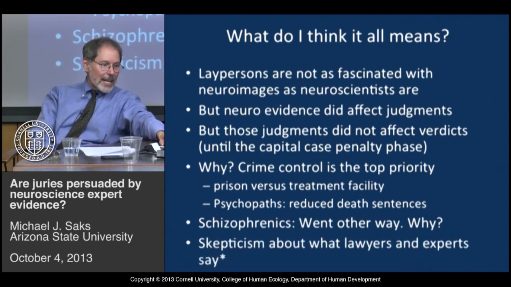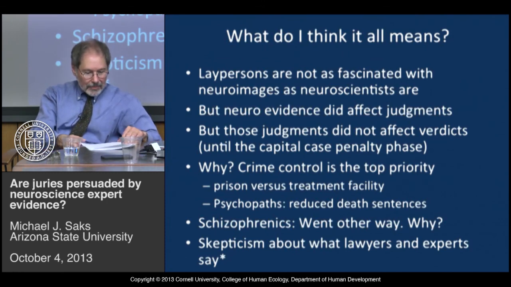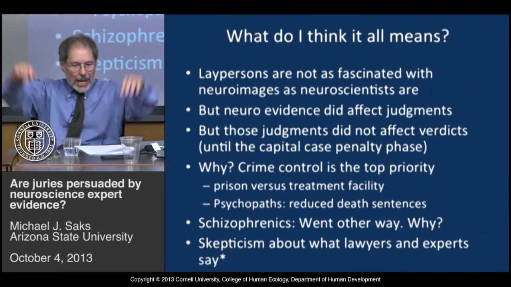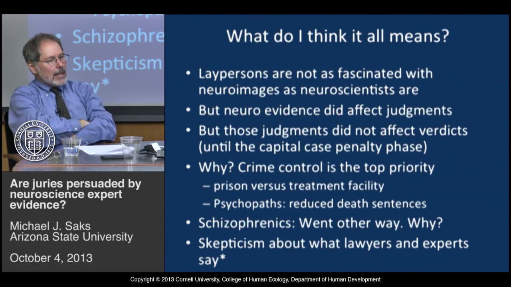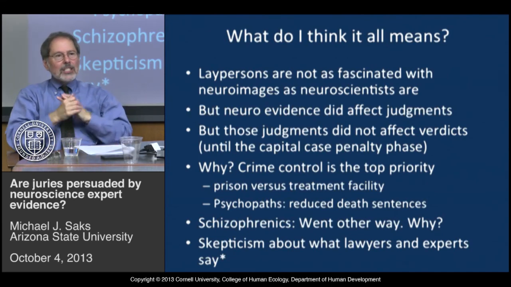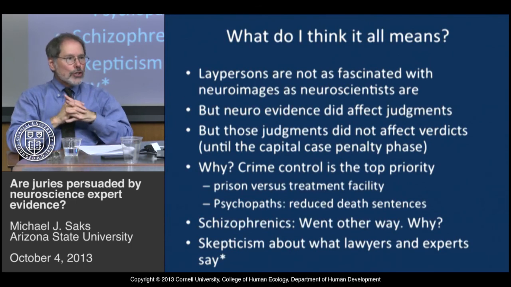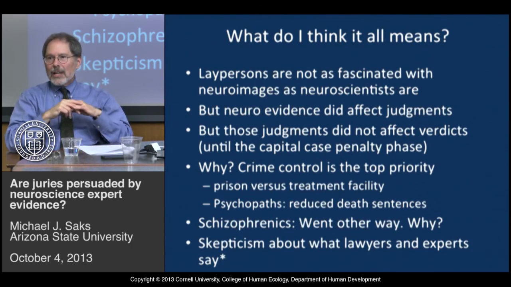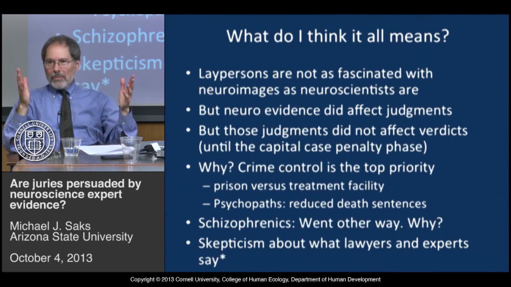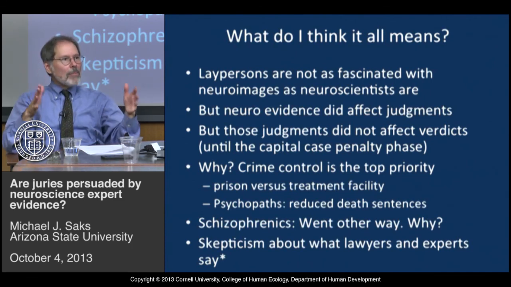Oh, and another thing that I think is going on, that I think these data suggest, especially the death penalty part of it, is that the jurors are skeptical about the testimony.